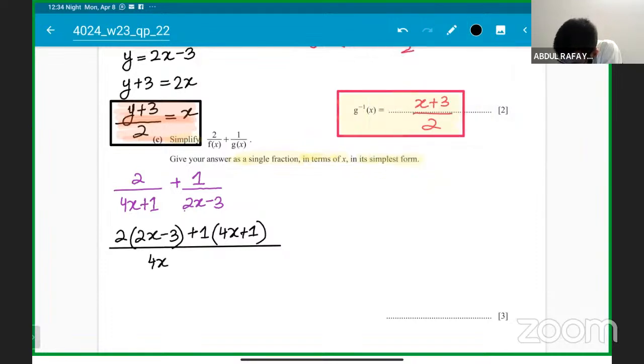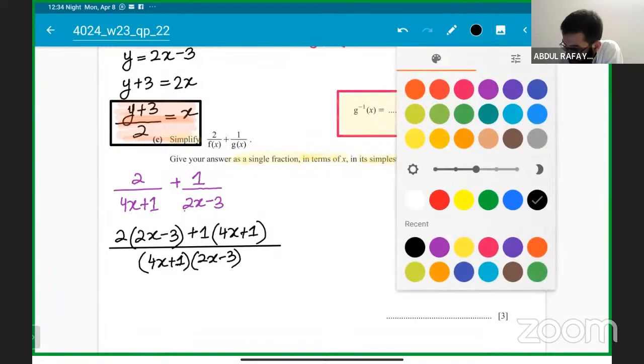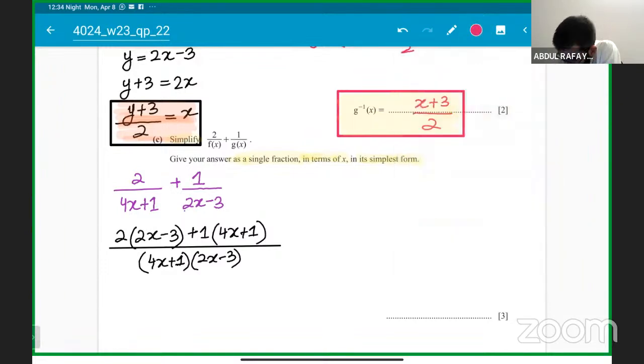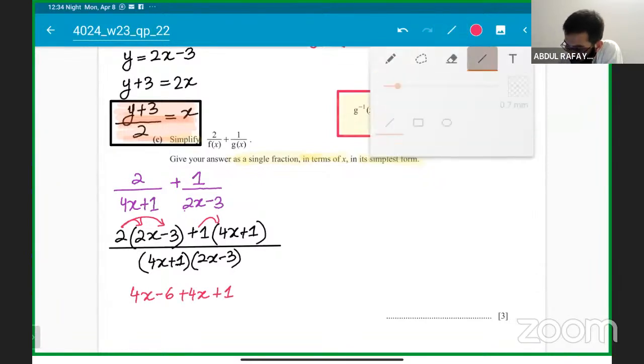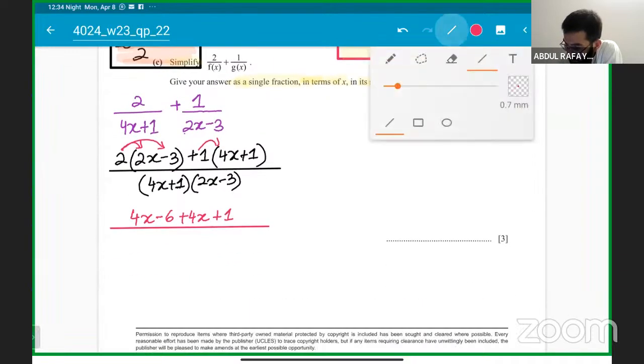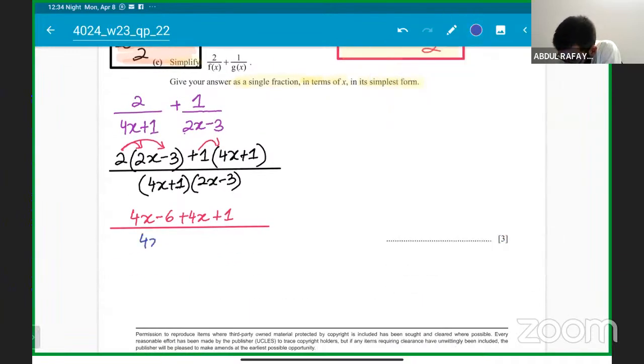So the denominator is 4x plus 1 times 2x minus 3. Simplify: 2 2s are 4x, 2 3s are minus 6, and 1 times 4x plus 1 gives 4x plus 1. So 4x plus 4x will be 8x, and minus 6 plus 1 will be minus 5. I think this should be the answer.